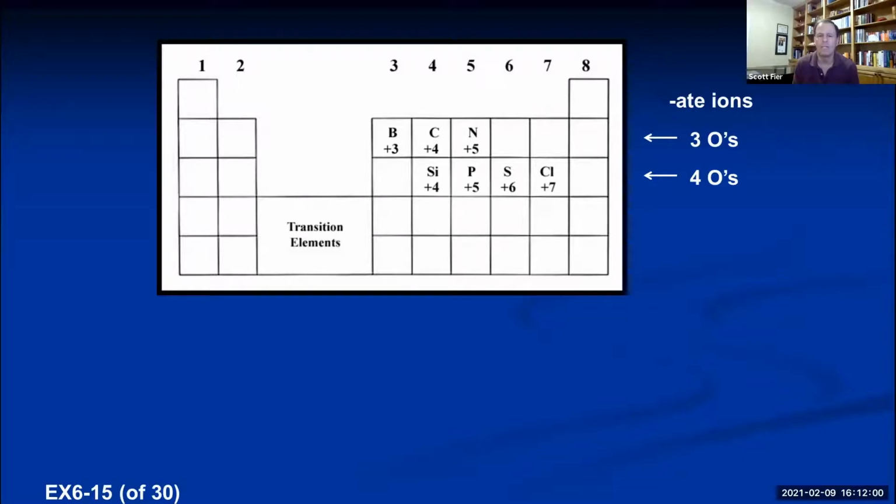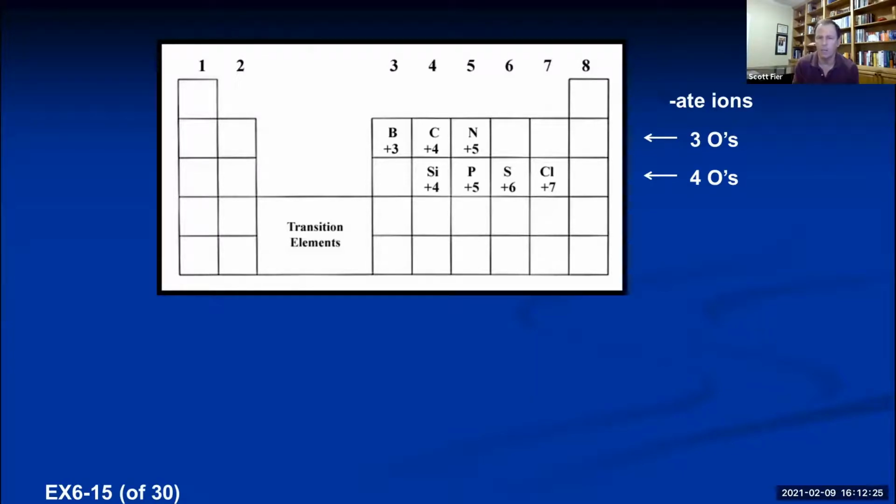Add that up, it's BO3, 3-. Now, is that right or not? Does it always work? Let's try the carbon one, because we saw the carbonate ion just a couple moments ago. If carbon is +4, and it bonds with 3 oxygens that are -2, -2, and -2, +4 and a -6 come out to be an overall charge of -2, that's the carbonate ion, CO3, 2-.